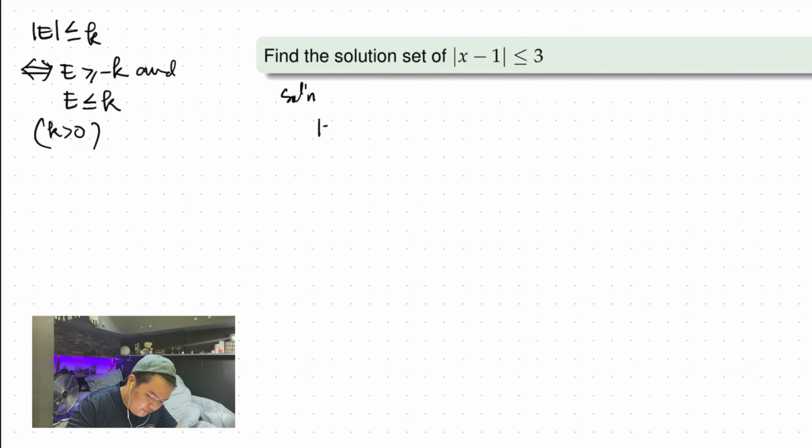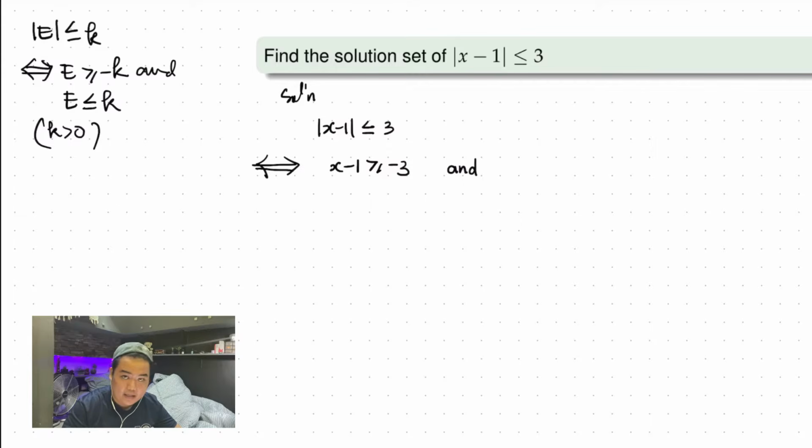So, yung absolute value ni x minus 1 less than or equal to 3. Ibig sabihin itong arrow na ito is the same as or equivalent to. So, is equivalent to x minus 1 is greater than or equal to negative 3. And, mahalaga yung salitang and, isusulat lagi yun. X minus 1 is less than or equal to 3.